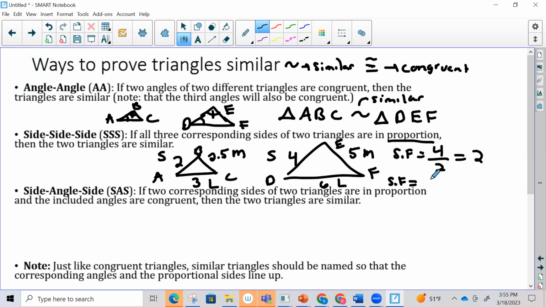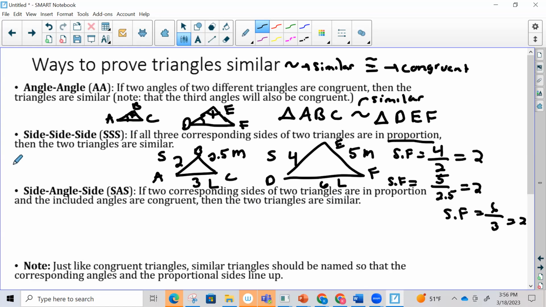And the scale factor for that medium side would be 5 divided by 2.5, which is also 2. And then the scale factor for the large side would be 6 divided by 3, which is also 2. And so because they all reduce to the same scale factor, the sides are proportional. And if all 3 pairs of sides are proportional, then we can call it side, side, side.